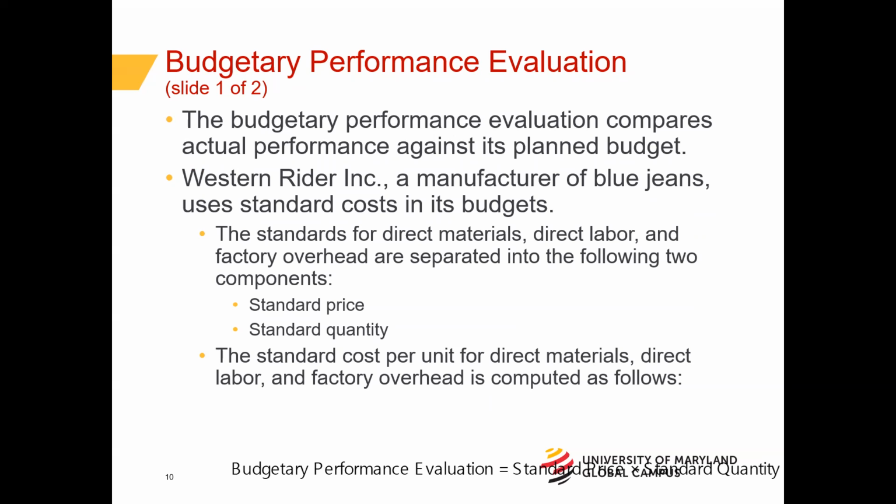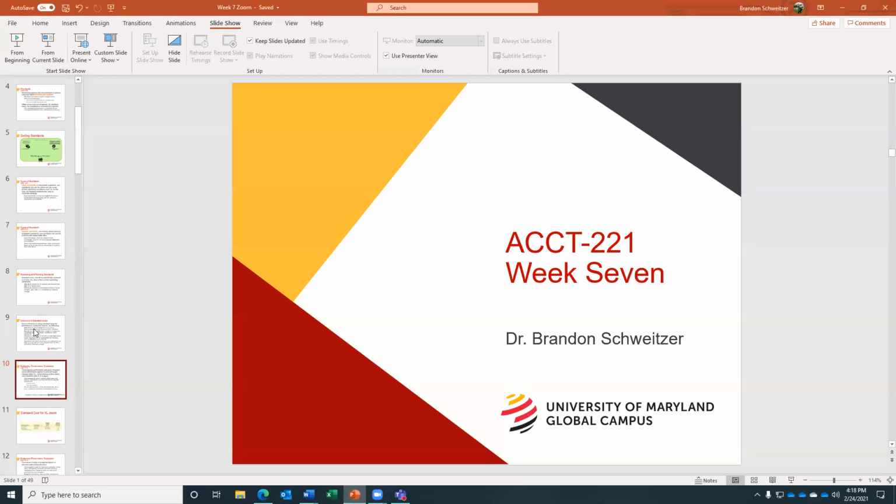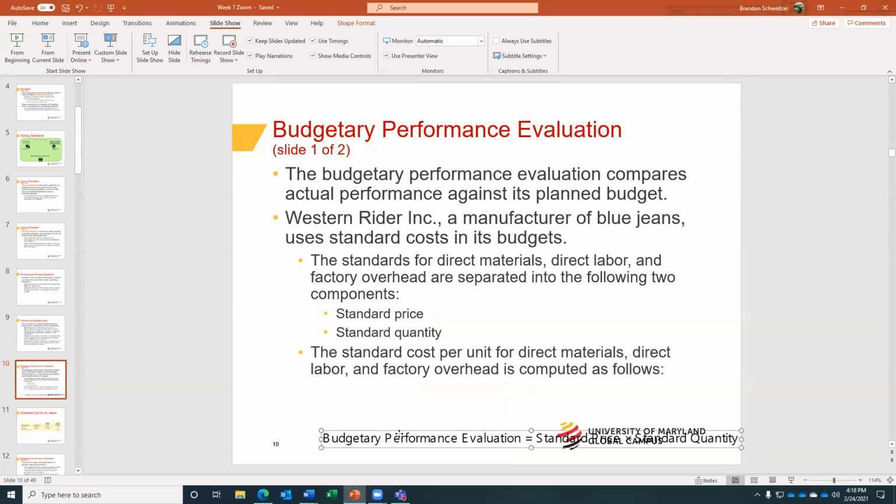I don't know if it's a real company. It might be. The standards for direct materials, direct labor, and factory overhead are set into two following components: standard price and standard quantity. Standard cost per unit for direct materials, direct labor, and factory overhead is computed by taking the standard price times standard quantity.